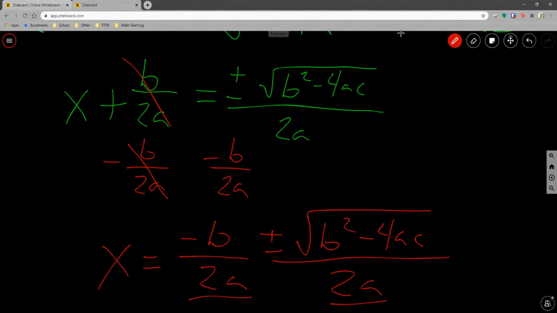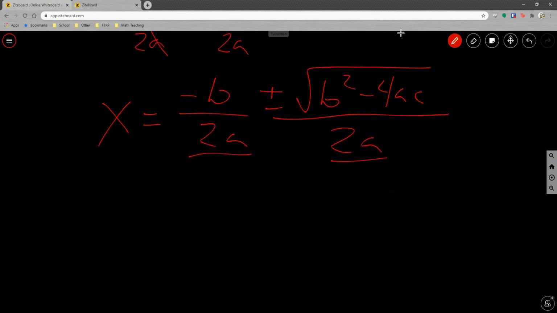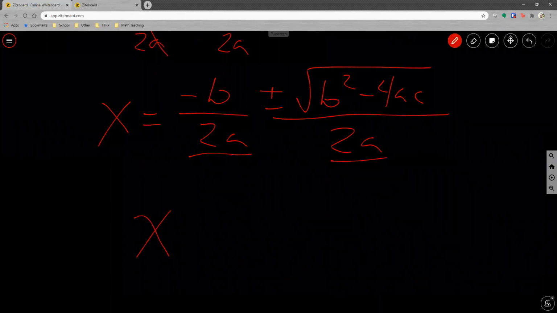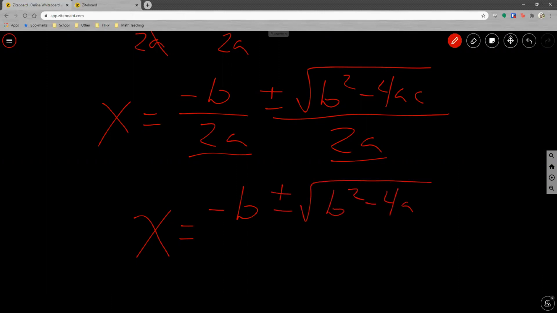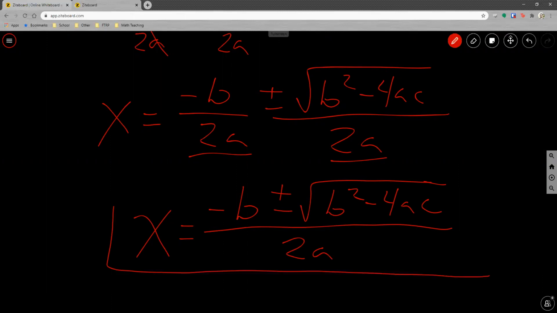So I can clean this up one last time, and I end up with x equals negative b plus or minus the square root of b squared minus 4ac all over 2 times a. And now I have solved for x.